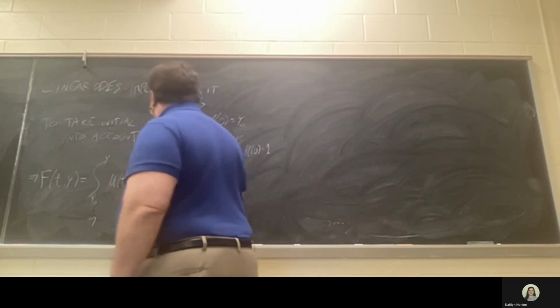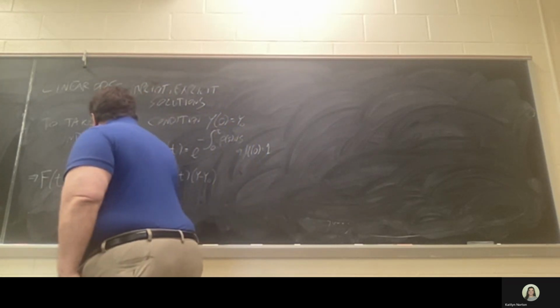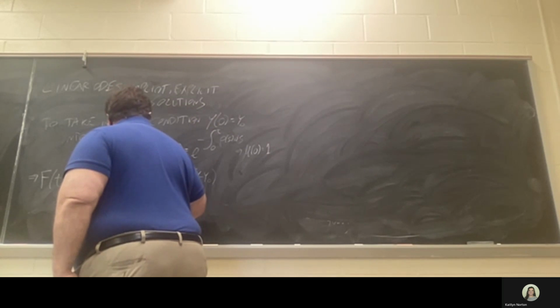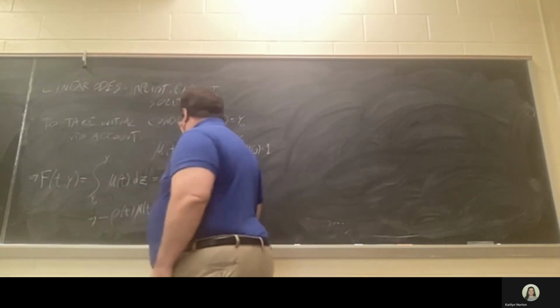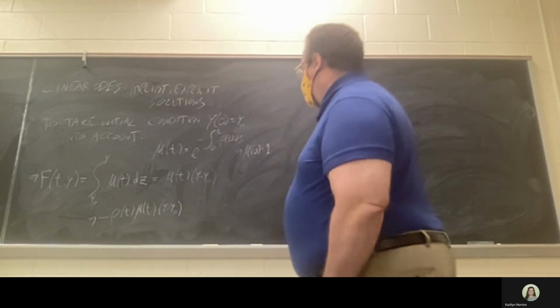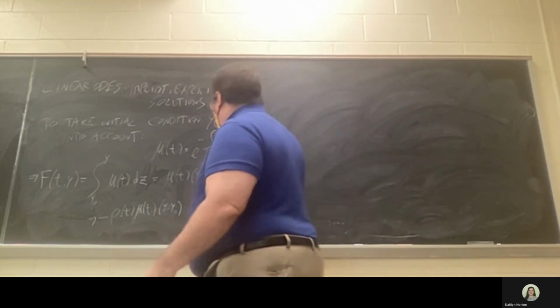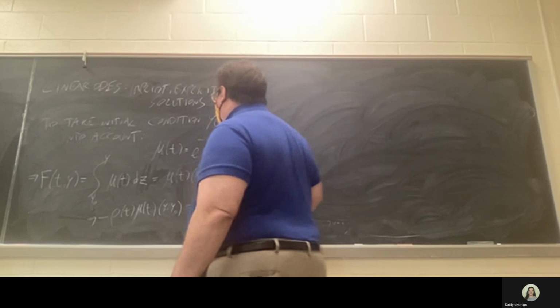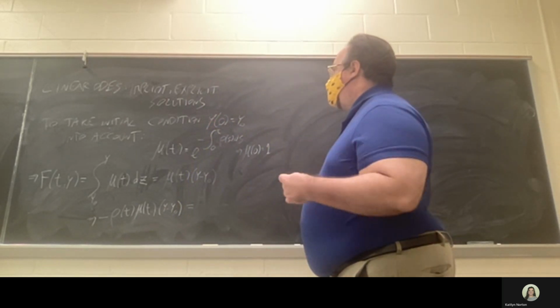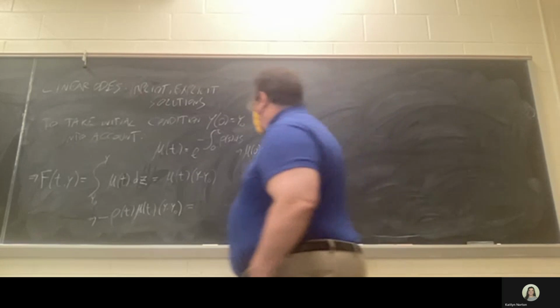That's going to be minus p of t mu of t times y minus y naught, equal to minus mu times f.